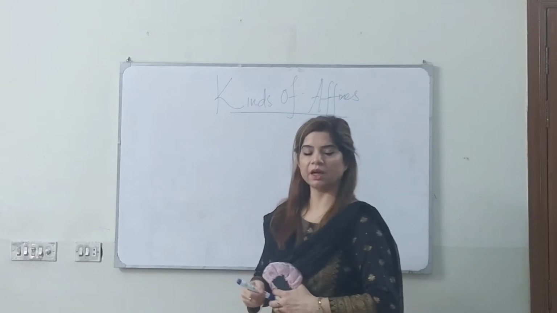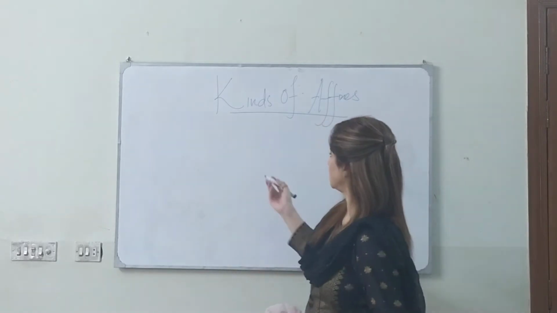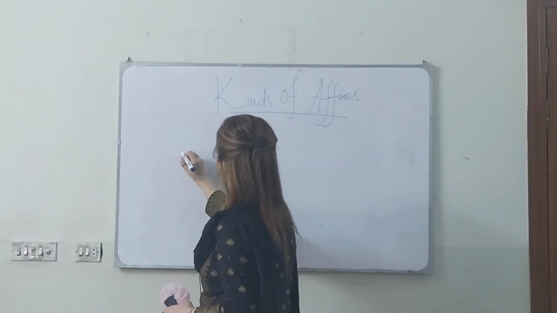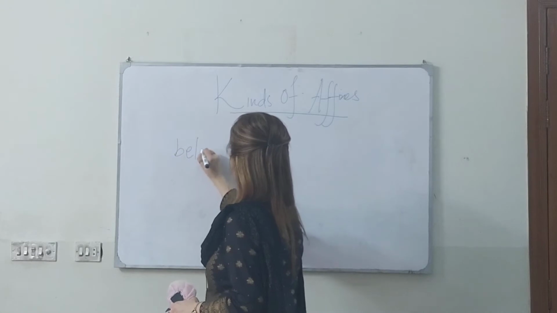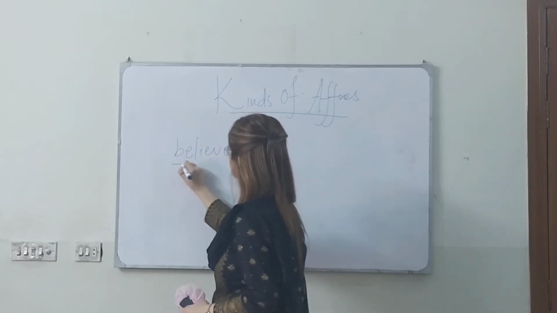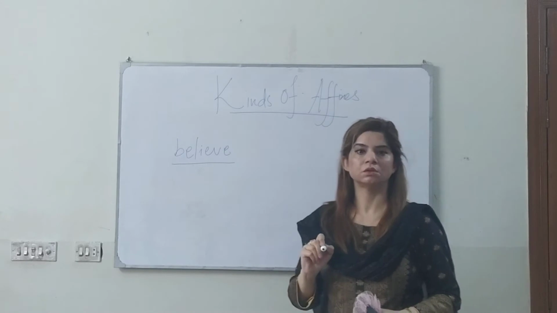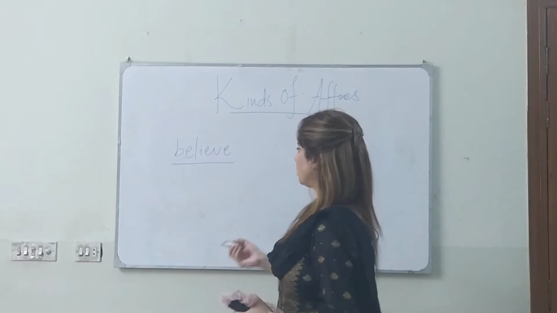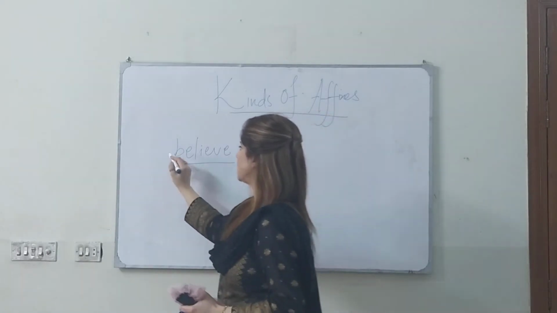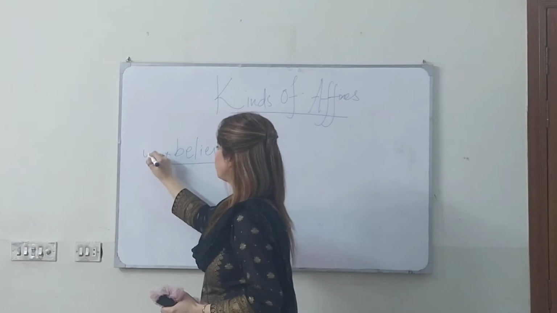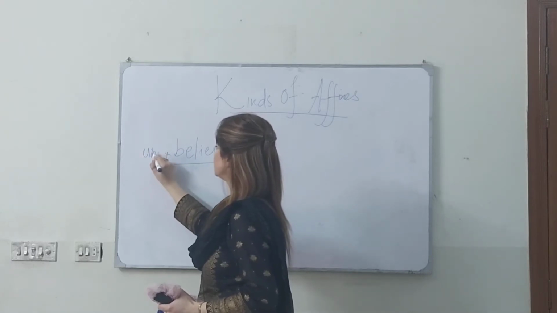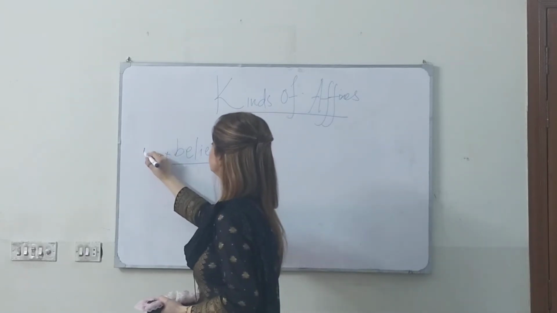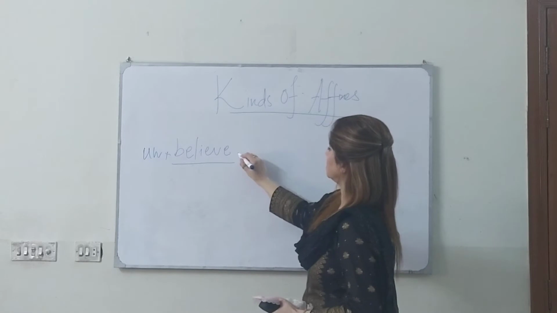The very first kind and the very common one is if the word is believe. You all know the meaning of believe, to believe in something. How will we change it? By adding a little tiny bit of un and able.